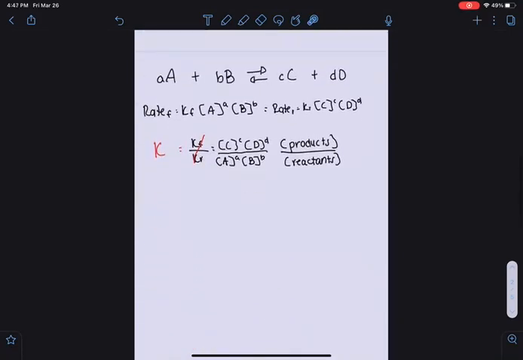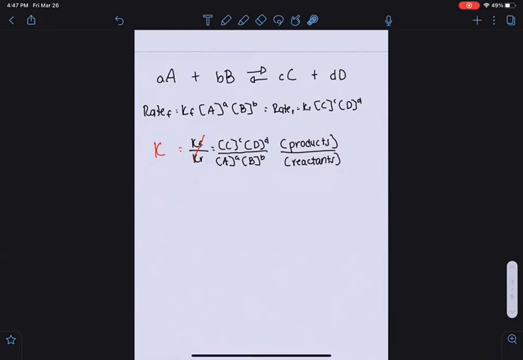So we have this generic reaction of A plus B goes to C plus D. And if we recall from kinetics that the rate of the forward equals the rate of the reverse, we can write it out like I wrote it out. And then if we want to isolate K, we can write it out like this.